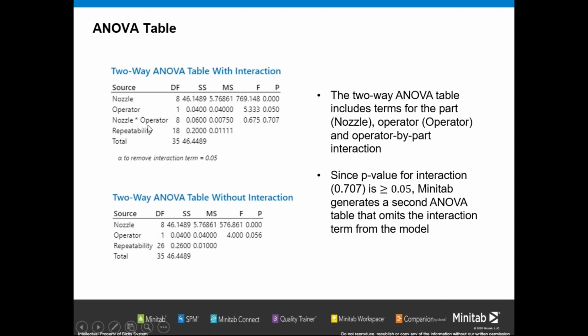If the nozzle and operator p-value is less than 0.05, the interaction is an important component in the ANOVA table. So you cannot get the two-way ANOVA table without interaction; only one ANOVA table pops up.